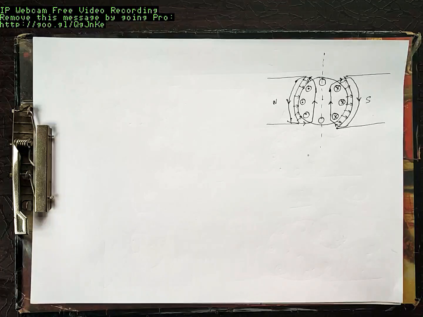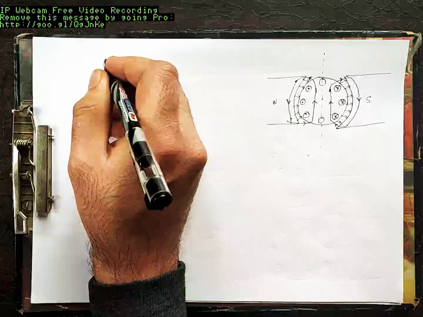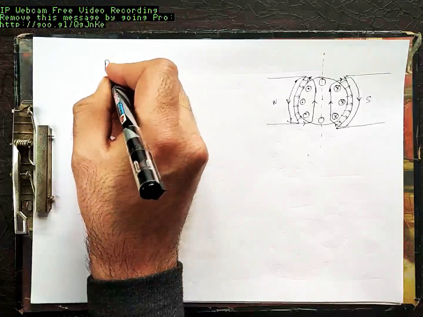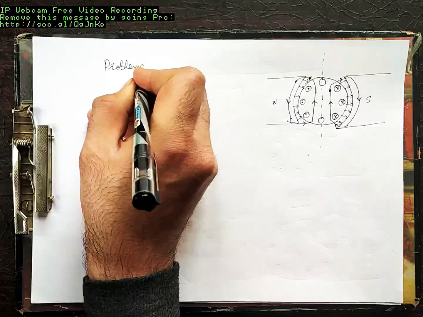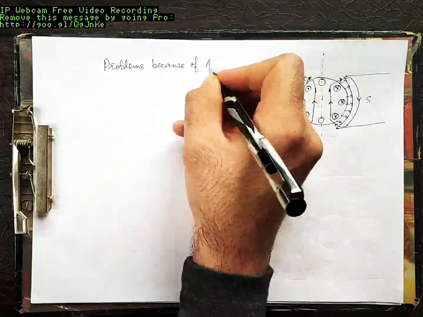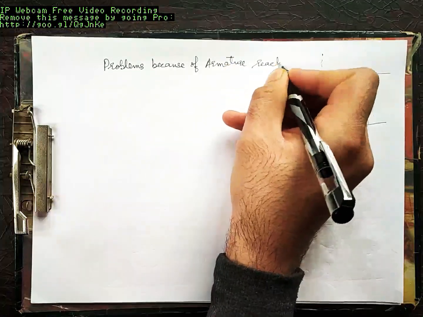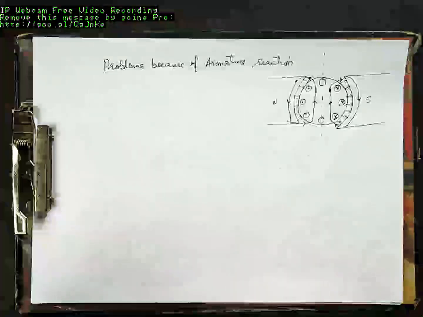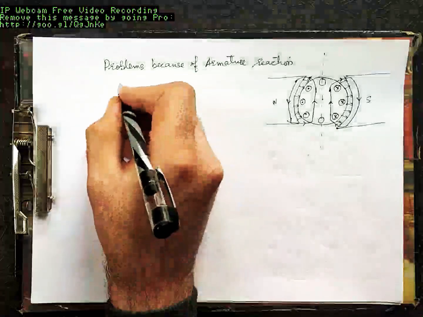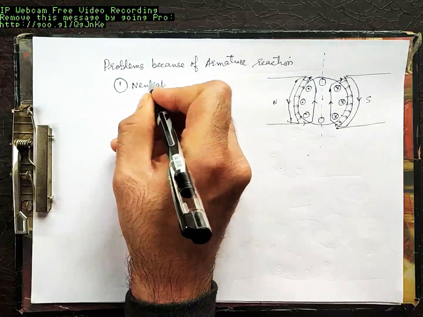So what is the big deal about this armature reaction? Armature reaction causes two problems. Number one is neutral plane shift.